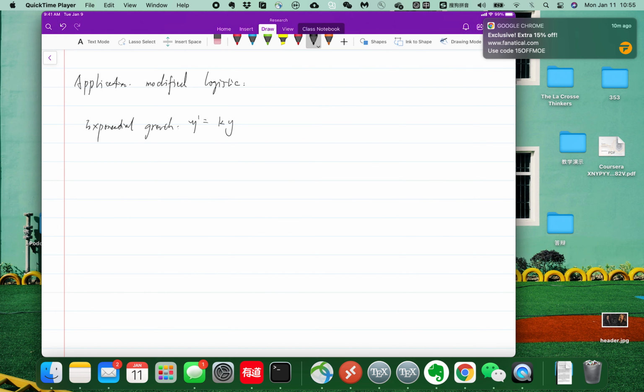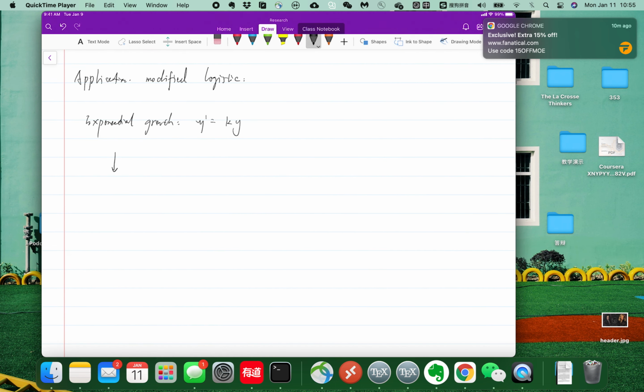The only feature we have is your growth number is proportional to your current number. So that's great. After that, you added something, that is, you have the maximum capacity. It makes sense because in real life we do not have unlimited resources. Your environment cannot sustain what's going on.